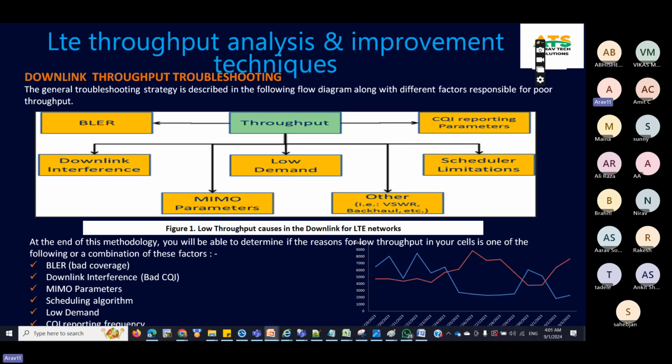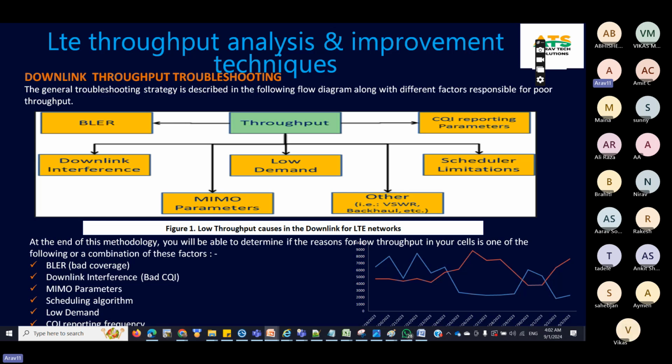At the end of this methodology, you will be able to determine if the reason for low throughput in your cell is one of the following: either BLER, downlink interference, bad CQI, MIMO parameters not configured properly, scheduling algorithm not proper, low demand, or CQI reporting frequency, that is, CQI not reporting properly in your network.